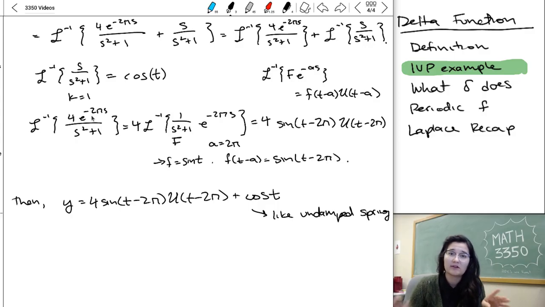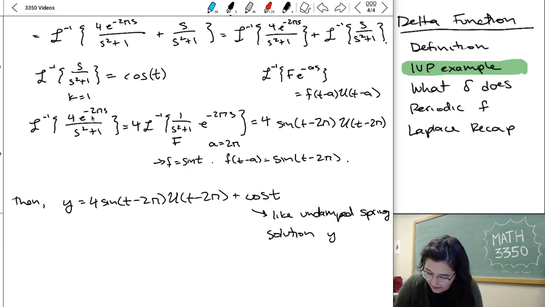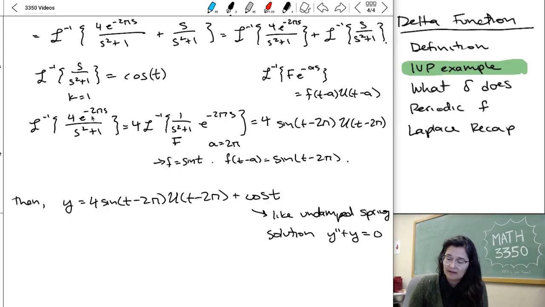We got cosine terms and sine terms and no exponentials. Those are solutions to things that look like y double prime plus y equal to 0. So this cosine t that happens for any t is just describing the regular oscillation of the spring from the place where we released it, assuming that there's no friction.